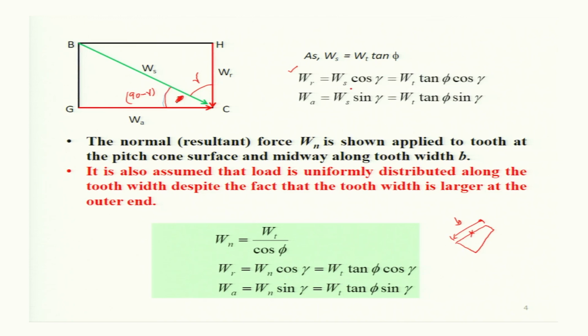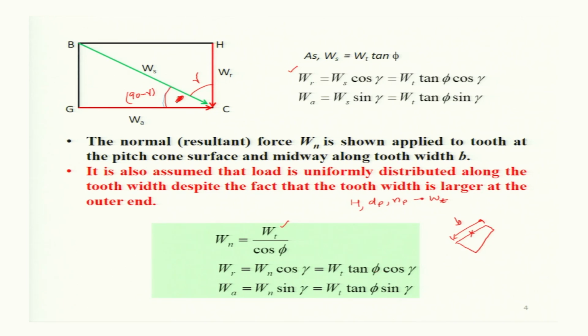From these formulas we will get all the terms in terms of the transmitted load Wt, because the transmitted load Wt is known to us, knowing the power which you want to transmit, the pitch diameter of the pinion and the rotation of the pinion. Knowing this, we can get the value of Wt. So, all the forces should be obtained in terms of Wt.